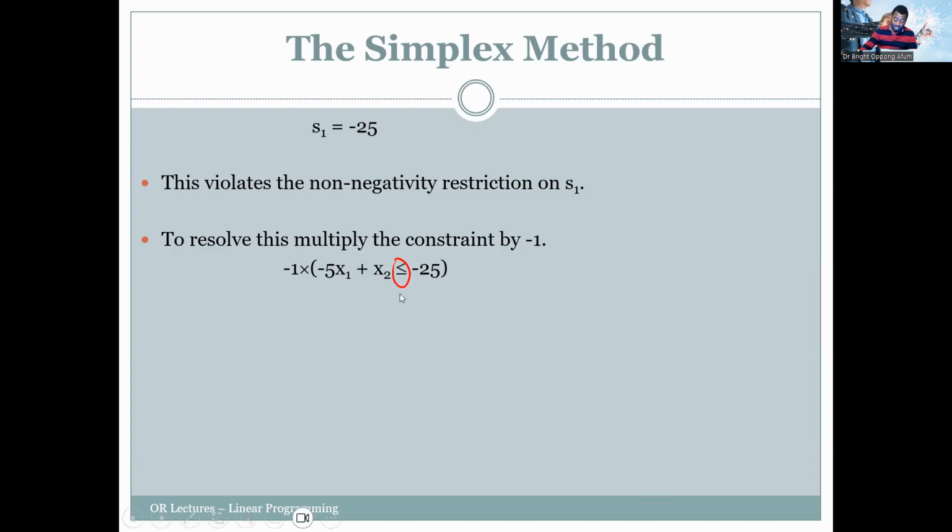By doing this, we're going to have 5x1 minus x2 is greater than or equal to 25. If you work this out, you can add the various slack variables and also the artificial variables to solve it using the simplex.